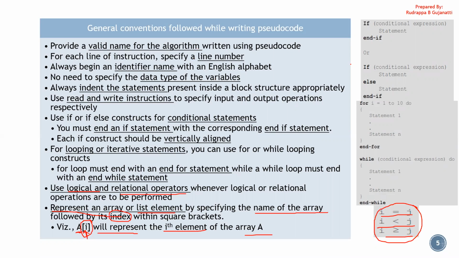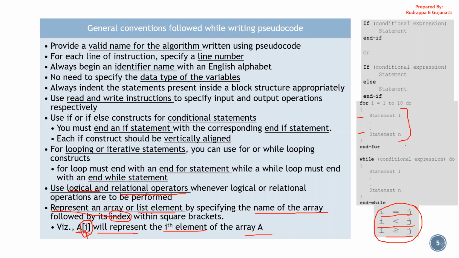That is, you provide proper tab spaces wherever required to identify which statements fall within a block. If there are multiple for loops, you have multiple end for statements, so it becomes difficult to track which for and which end for match, and which statements fall within which for loop. That is one example I showed in the C programming construct.